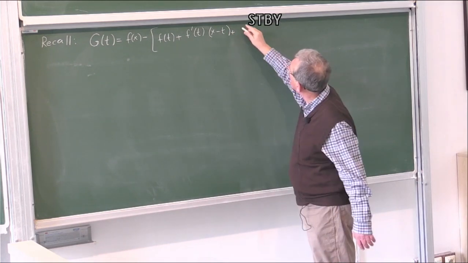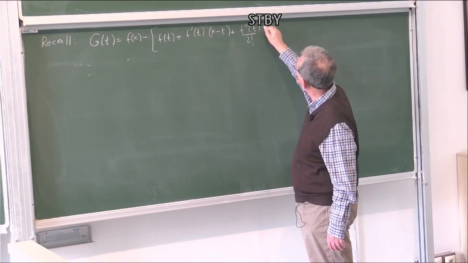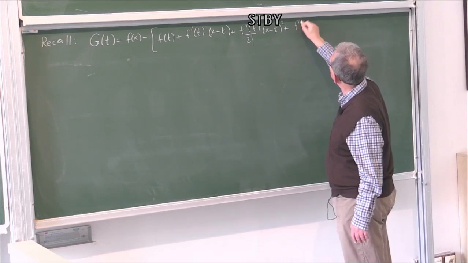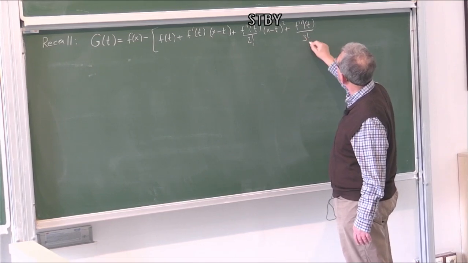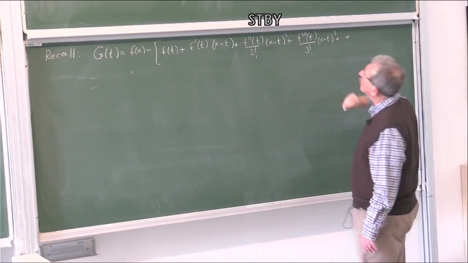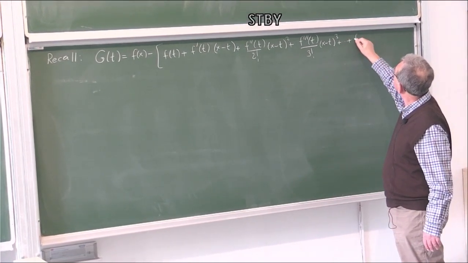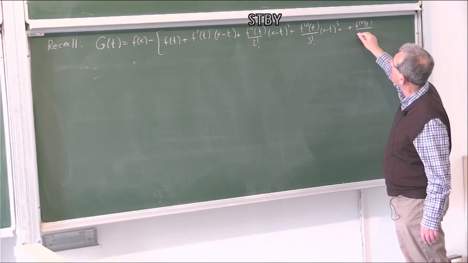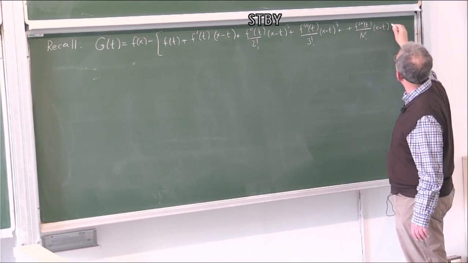I need these, so I will repeat a few of them. Plus f double prime t over 2 factorial times (x minus t) squared. And let me add another one: the third derivative over 3 factorial times (x minus t) cubed. And it continues. This is g right away. It is the nth derivative over n factorial times (x minus t) to the power n.